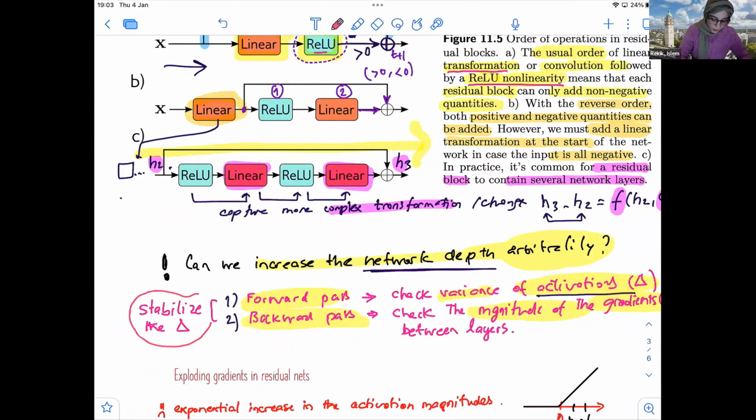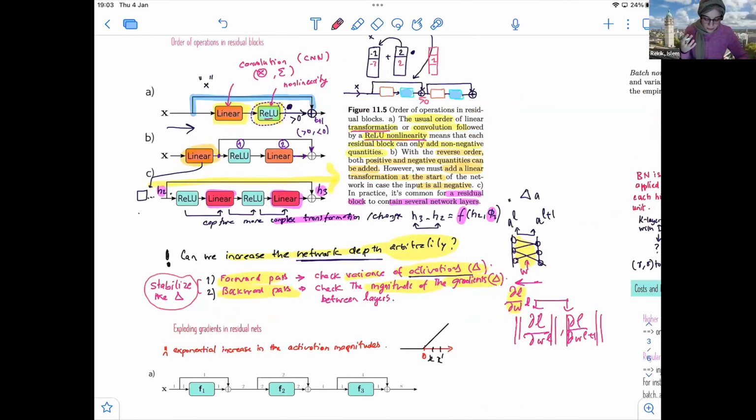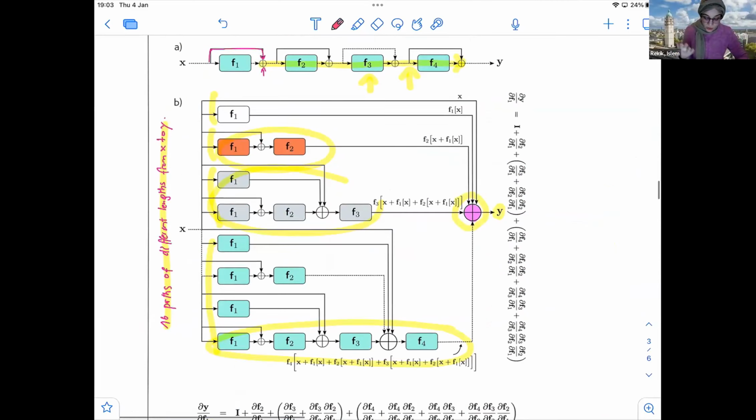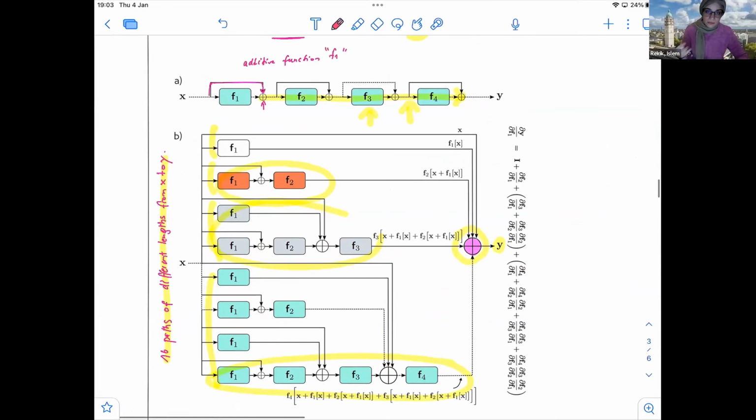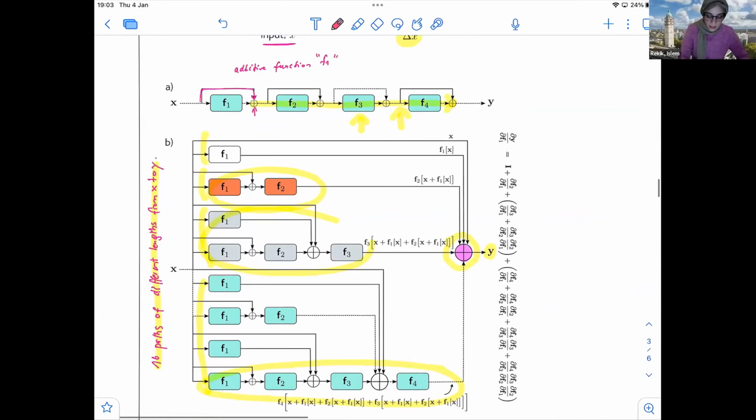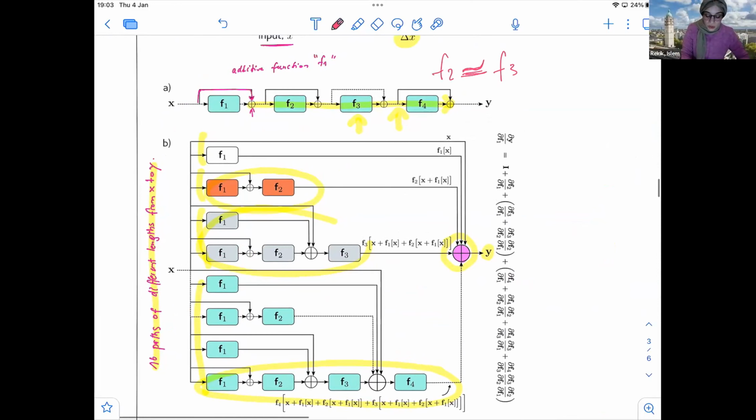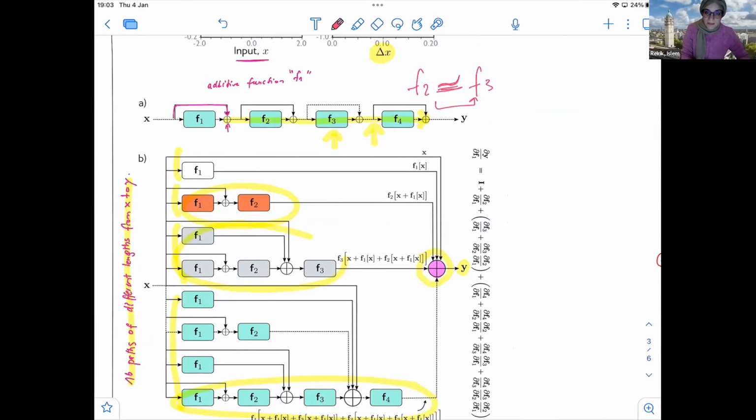Of course, we don't want them to be the same, otherwise you're just passing on the same thing. We want them to be different so we have diversity in learning. We want the different functions, or the different layers, to change a little bit. So F1 and F2 should not be equal to F3, for example, but should have some meaningful changes that allow us to learn different kinds of transformations and mappings.